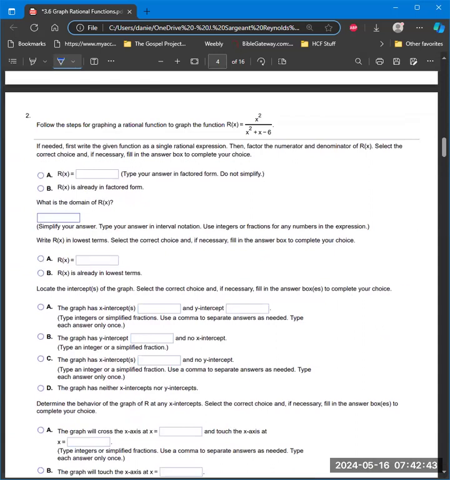Let's go ahead and look at the next one here. Let's write it in factored form. This is x squared over x plus 3 times x minus 2. That gives me zeros of my denominator at -3 and 2.